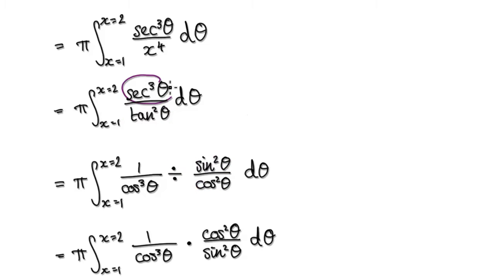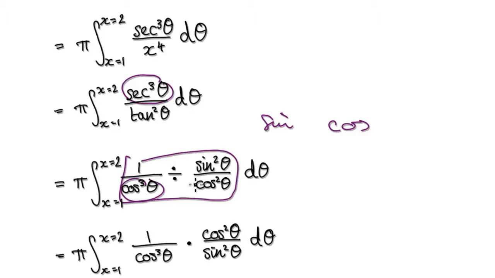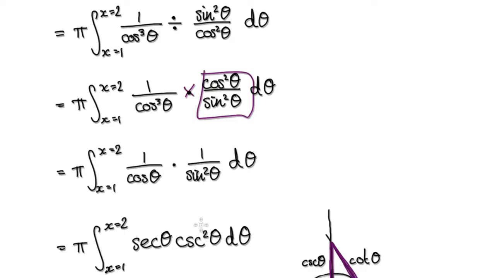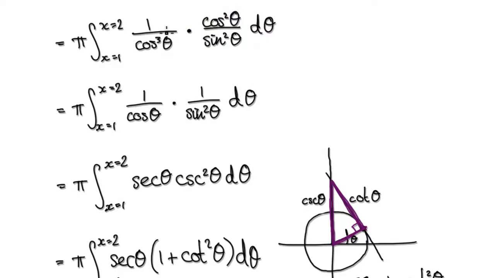So turn everything into sine and cosine. Now when you divide by a fraction, that's the same as multiplying by its reciprocal. So that will then take us to here. Now let me think. What now?